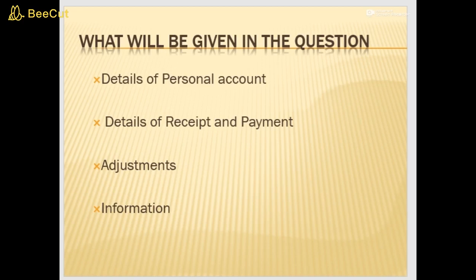At the same time, we get information about the receipts and payments during the year, and then we have adjustments: what rate of depreciation is charged on the assets, what rate of RDD is provided, various other transactions, and some information about when the loan is taken and what the rate of interest is. That sort of information we will get.